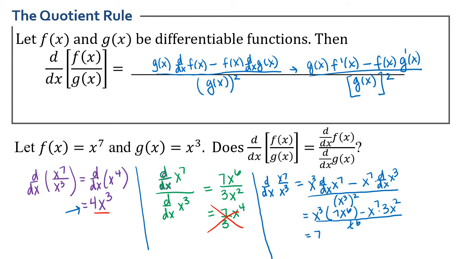So that becomes 7x to the 9th minus 3x to the 9th all over x to the 6th power. That gives me 4x to the 9th power over x to the 6th power, which becomes 4x cubed, which is exactly what I needed it to be.